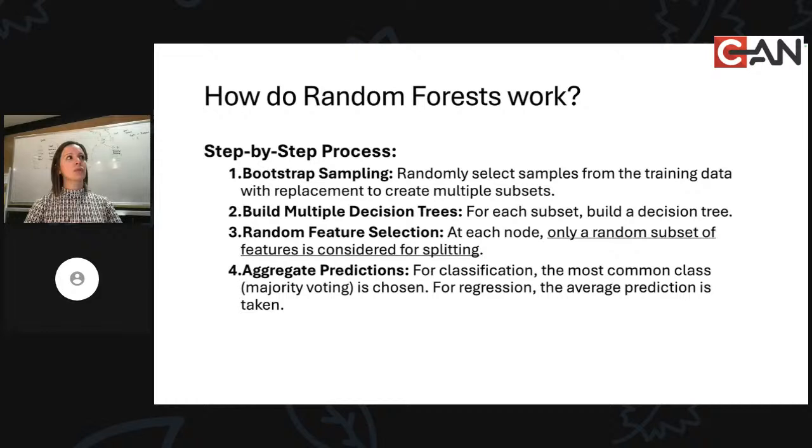So we're going to do that bootstrap sampling. You'll see it later in the slides. We're also going to randomly choose subsets of features to hand to the trees. So subsets of data, subsets of features. And we're going to build out multiple decision trees. And then we're going to aggregate those predictions.